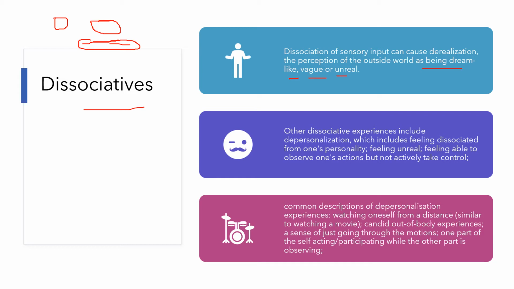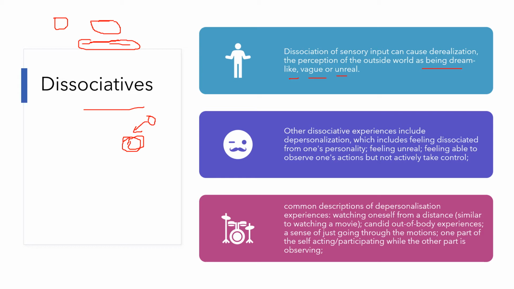Other dissociative experiences include depersonalization. Here, the person feels dissociated from one's personality, feeling unreal, and feeling able to observe one's actions but not actively take control. Common descriptions of depersonalization experiences: watching oneself from a distance, as if this is a body, a person standing here, and there's another person who is watching this person, although they are the same person, as if they are watching a movie.